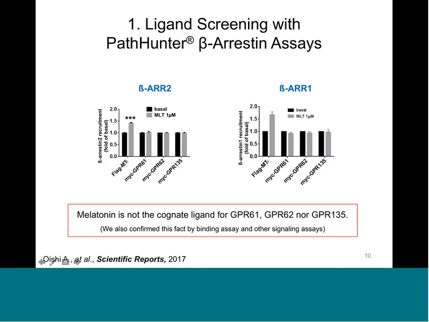We also performed radio-labeled melatonin binding assay and several signaling assays, such as cyclic AMP or IP1 pathway, and melatonin does not show any positive results in these assays. So we concluded melatonin is not the cognate ligand for GPR61, 62, nor GPR135.